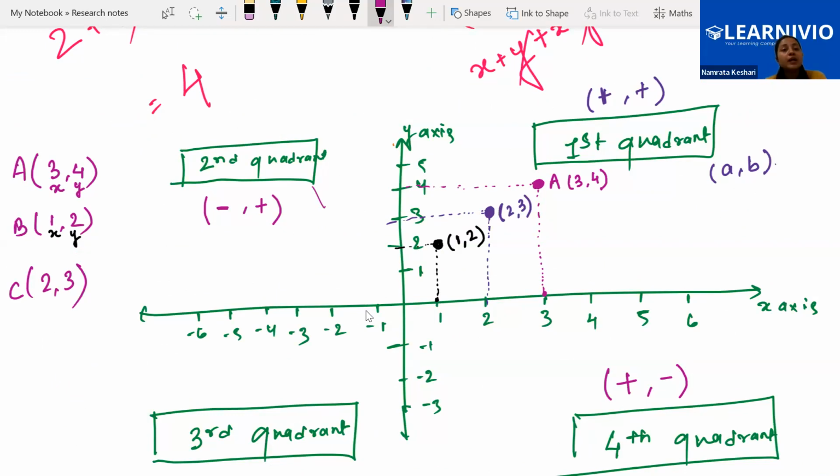We know that the number line means the real number line, so rational and irrational numbers are all sitting on it. We made this Cartesian system using two real number lines, not integer number lines, so fractional numbers are also there.